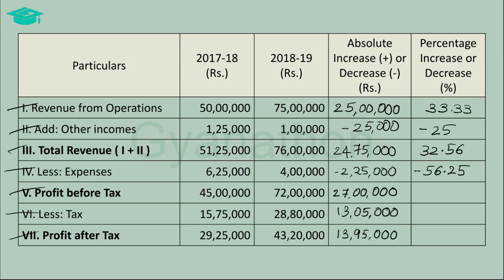56.25%. The percentage change in the profit before taxes is 27 lakhs divided by 72 lakhs multiplied by 100, that is 37.5%. This means that the profit before taxes has increased from the year 2017-18 to the year 2018-19 by 37.5%.